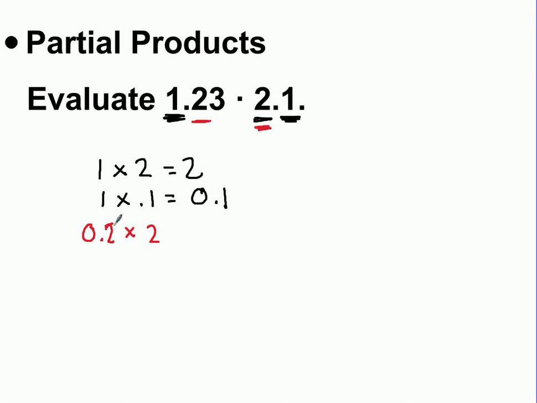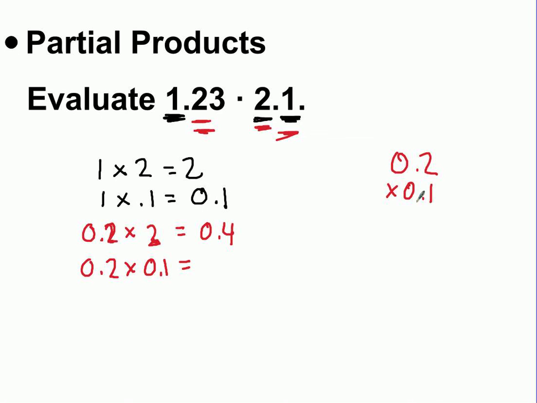If I have 2 tenths and I have 2 groups of 2 tenths, if I have 2 tenths and I double that, I have 4 tenths. And if I have 2 tenths times 1 tenth, I can also do that here on the side. That's 1 place, another place, 2 places.